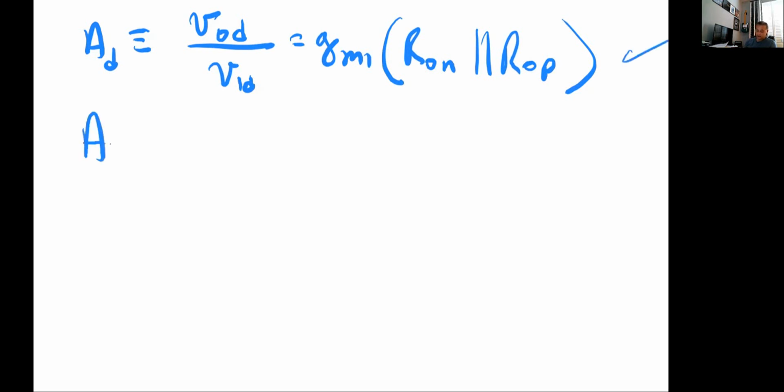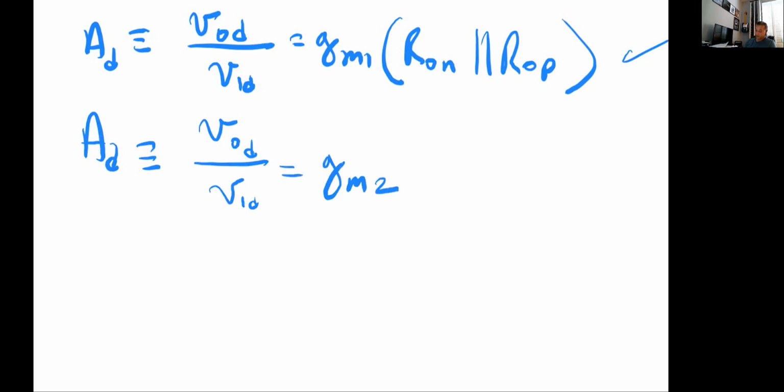And then if we want to just write it in terms of the other half, we can do that, and we get the same differential gain. So this would be the half that was on the left, and the one that I'm writing now is the one that is on the right.